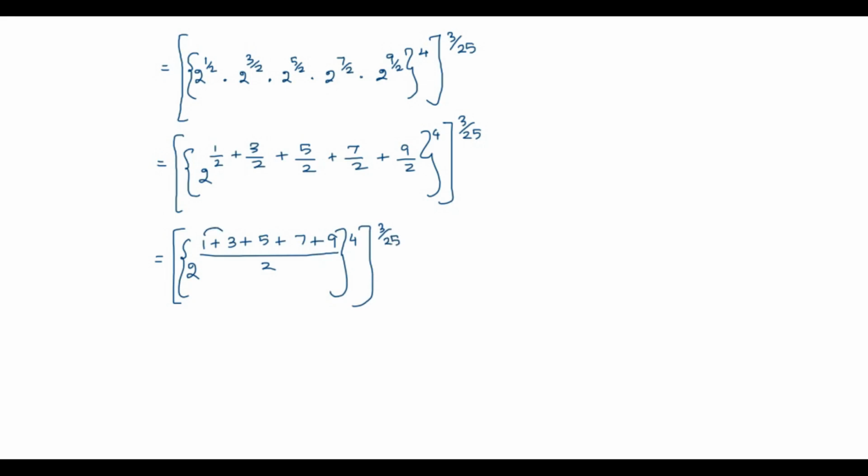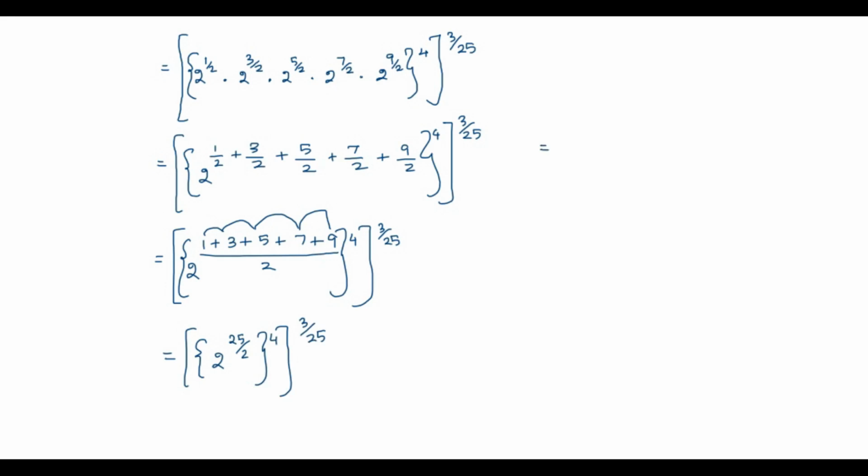Okay, 1 plus 3 is 4, 4 plus 5 is 9, 9 plus 7 is 16, and 16 plus 9 is 25. So we get 2 to the power of 25 divided by 2, whole to the power of 4 again to the power of 3 divided by 25.